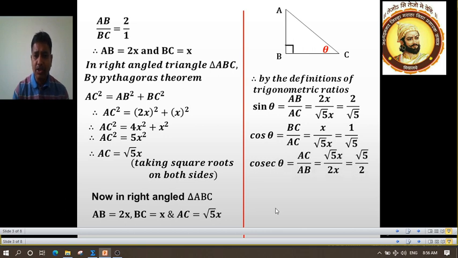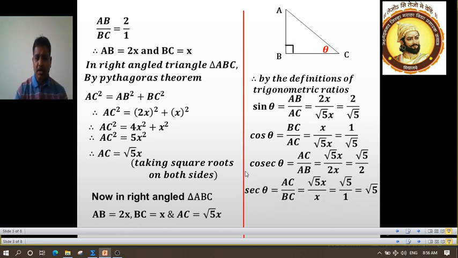Then cosec theta, cosecant ratio, hypotenuse divided by opposite side. Hypotenuse is root 5 x upon 2x, x cancelled, we have root 5 upon 2. Then sec theta, you know that secant ratio is equal to hypotenuse upon adjacent side. Hypotenuse is AC, adjacent side is BC, so AC upon BC.